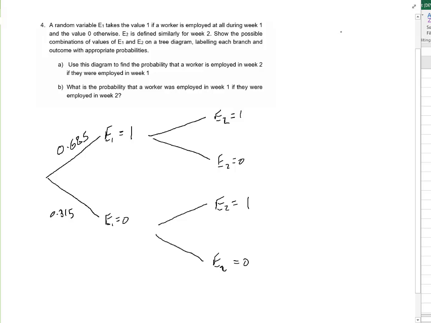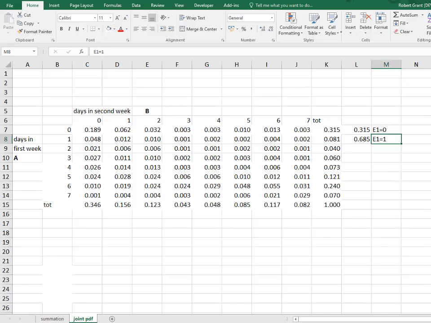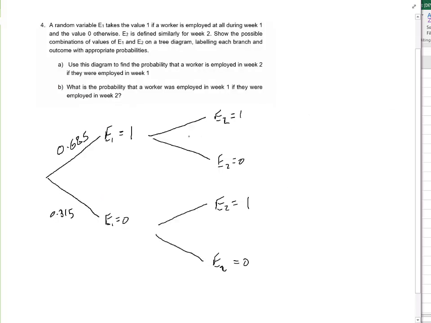So it's a conditional probability, and what we want here is the probability that E2 equals 1, given that E1 equals 1.